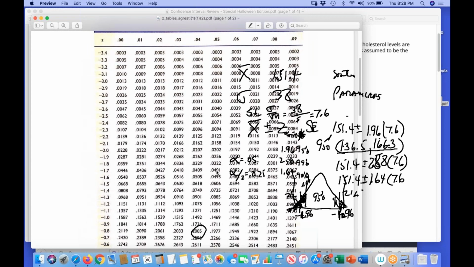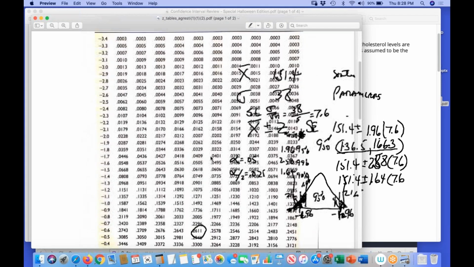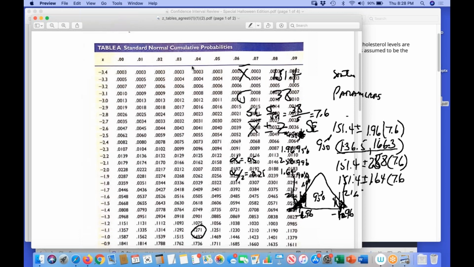So our 99% confidence interval, 2.58. And for a 90% confidence interval, where it only has to be 5%, it is 1.64. This is 1.6. Where is it? 1.6. And it could go either way here. I chose 1.64. Right? That's where we got it.